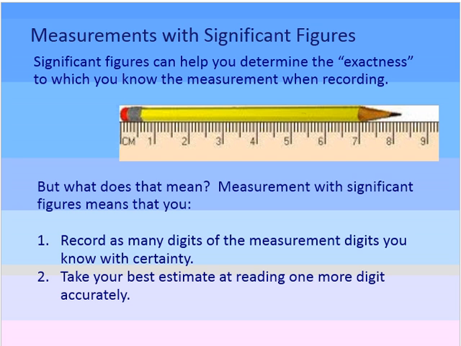And then I take the best estimate of reading one more digit as accurately as possible. Hopefully the words precision and accuracy are familiar to you. Remember, precision has to do with the tool and how well you can measure. Accuracy has to do with how close you are to the right or correct value. So that's your process for measuring with significant figures.